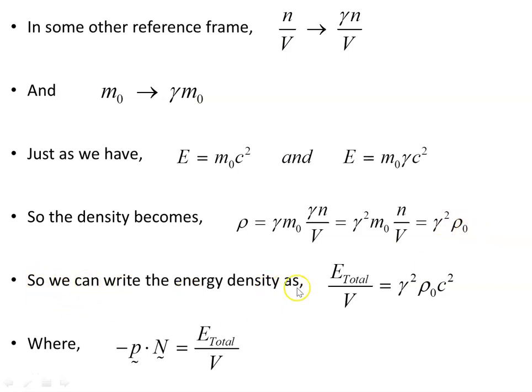Okay, so we can write the energy density as E total on V is gamma squared rho 0 c squared. That gives us a total energy density, where minus P dot N is E total on V. So I think I've hammered home that point enough that this is the energy density here.